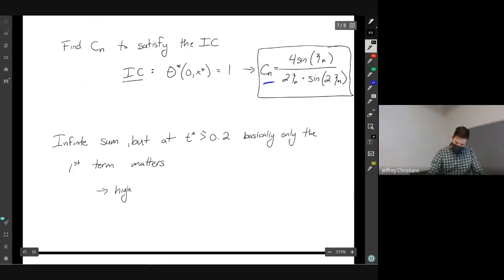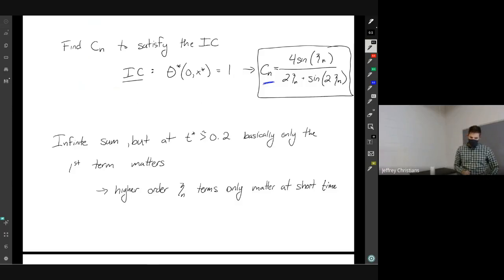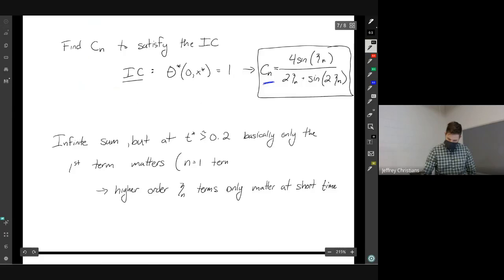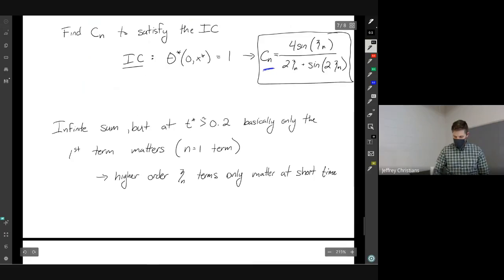So higher order Cn terms only matter at short time. So this would be the n equals 1 term. So we'll see that too.